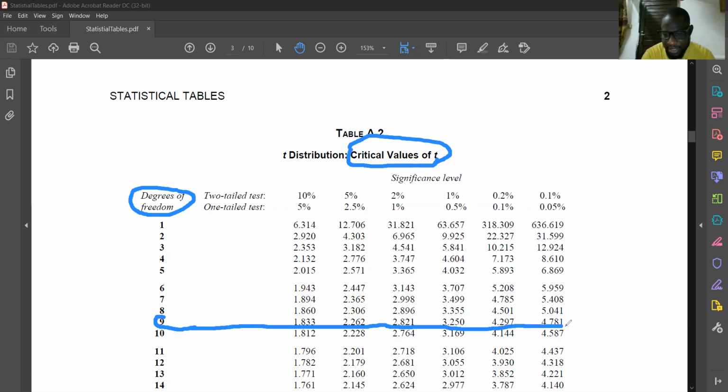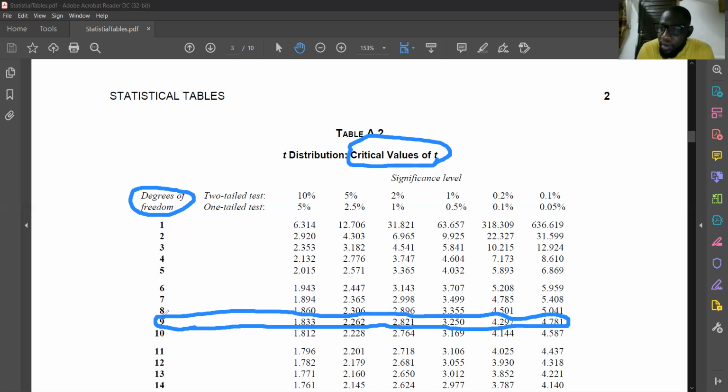So you are supposed to select one of these values. You ask yourself, which of the values should I select? Because we have 6 different values that we need to choose from.